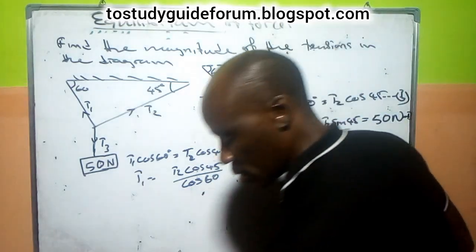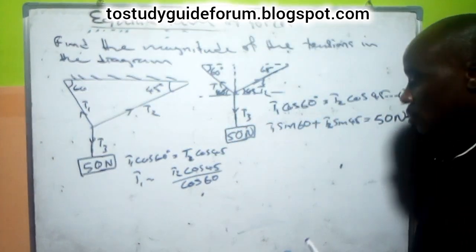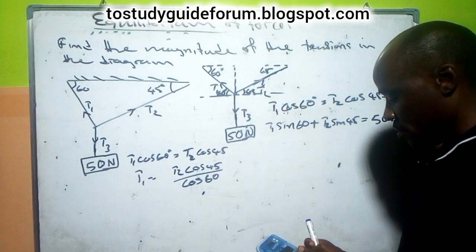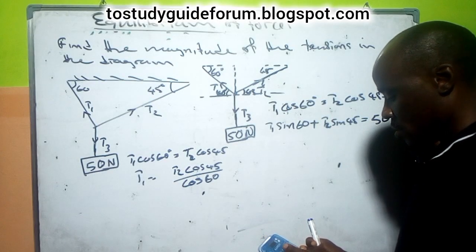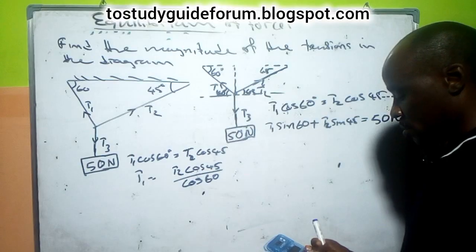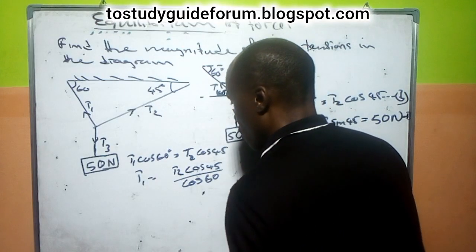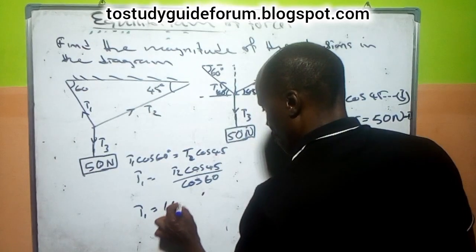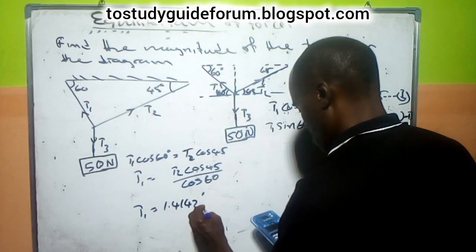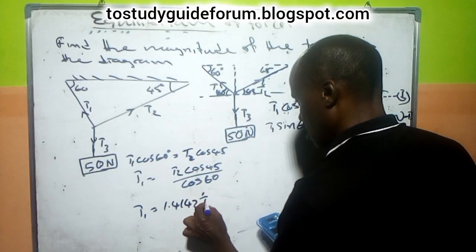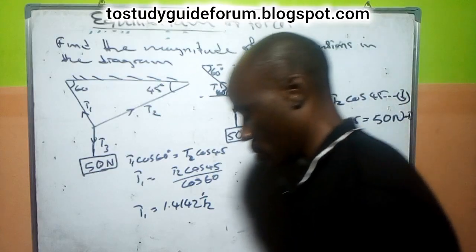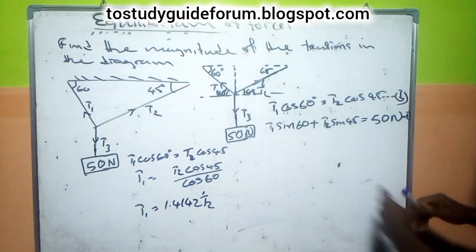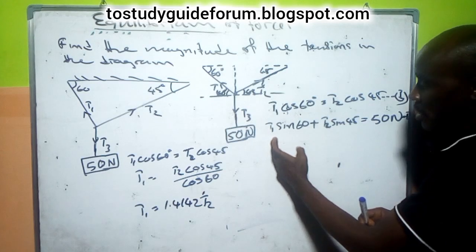Let's see what we're going to get. Cos 45 divided by cos 60 is equal to 1.4142, so T1 is equal to 1.4142 T2.